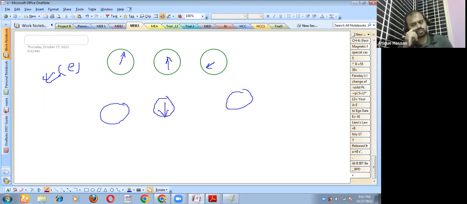So fortunately, your answer becomes correct. B is the correct answer option. But suppose in the question an option is given like this. So will it be correct? This should also be correct according to this direction.